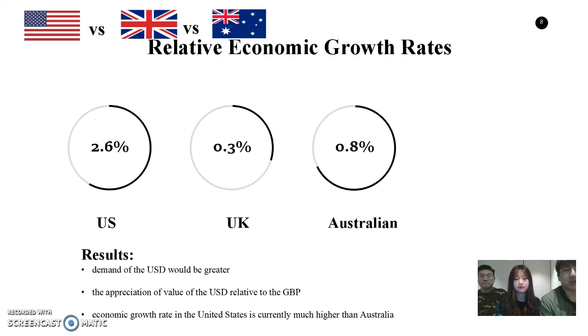Now we talk about the relative economic growth rate. The United States had a 2.6% increase in its GDP in quarter 2 2017. At the same period, the Office for National Statistics reports that the United Kingdom had a 0.3% increase in its GDP.